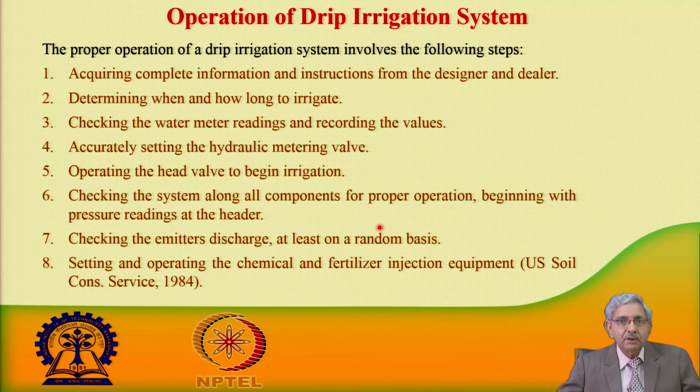Such data should be collected. One should visit the farm at different points and see whether all the drippers are delivering the discharge as per the recommended value. Then set and operate the chemical and fertilizer injection equipment as per the guidelines. This is another point one should take care of.